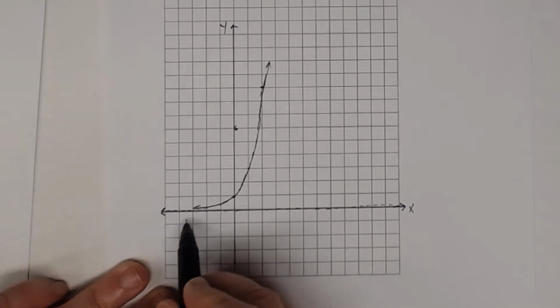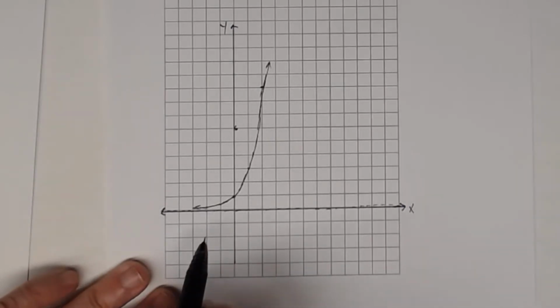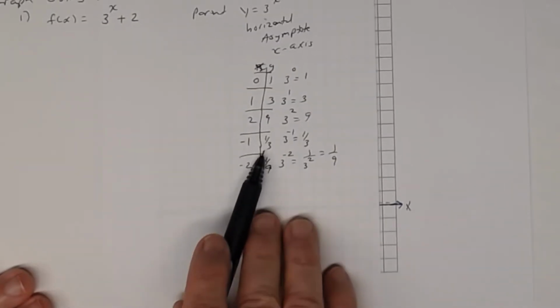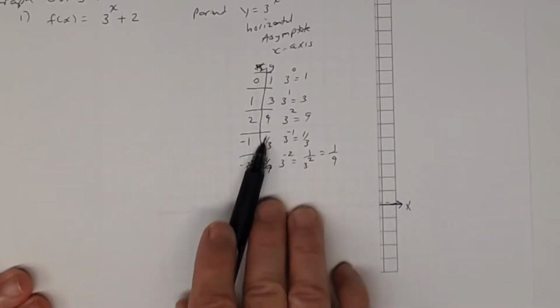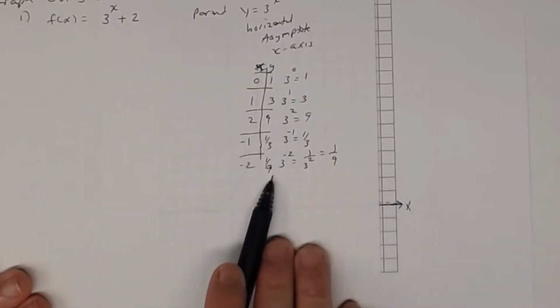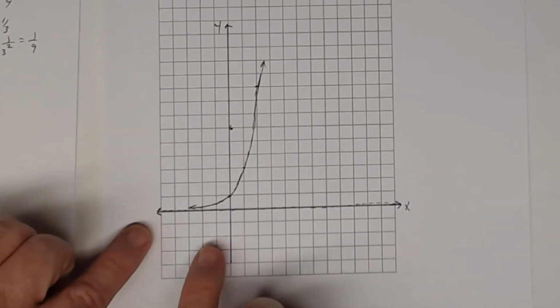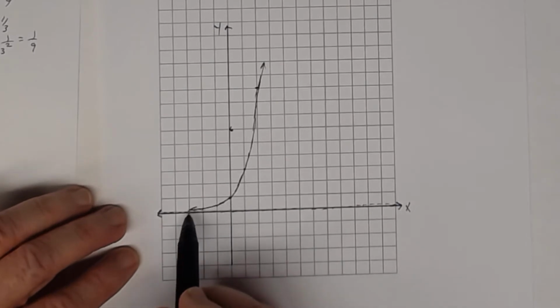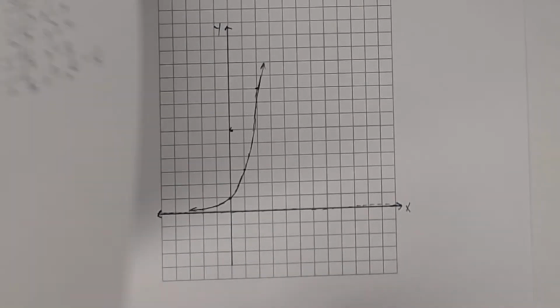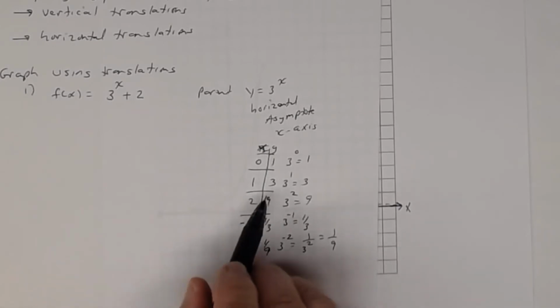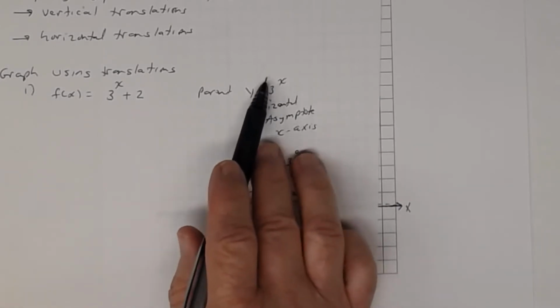So don't make it look like it crosses it. It's not supposed to. All of those y values will be positive, so it will never be negative. It should never cross the x-axis. It gets closer and closer to the x-axis. In fact, for the parent function, it'll never equal 0 either.